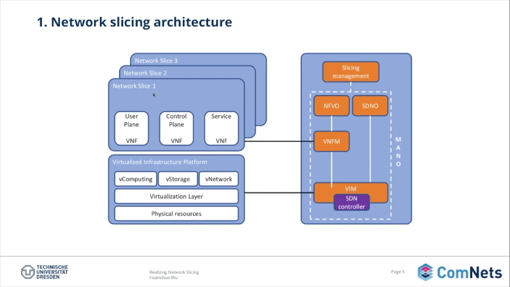Basically, this part is our network functions. And the third part is network slicing management. This component is the main component of network slicing. Its responsibility here is to manage the traffic and also to isolate the virtual resources. Basically, we will implement these three components so that the network slicing can be realized.